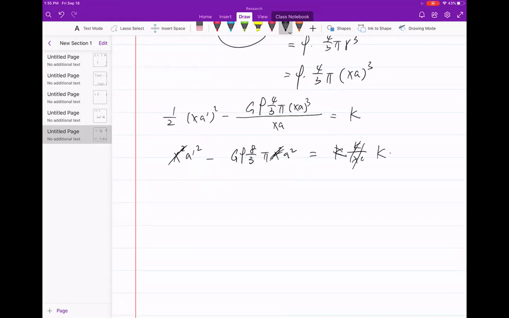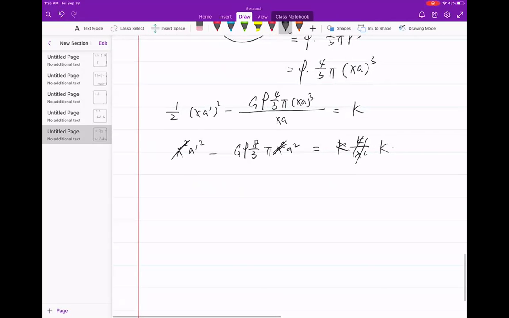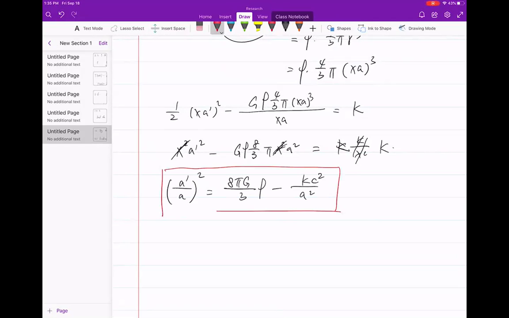So finally, if you clean out everything, the final thing looks like this, minus K over a squared. You probably need to times the c squared because I treated the velocity of light to be 1. But if you change the unit, you just times the velocity of light there. This is called the Friedmann equation.